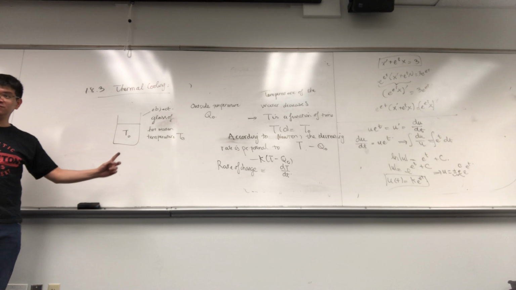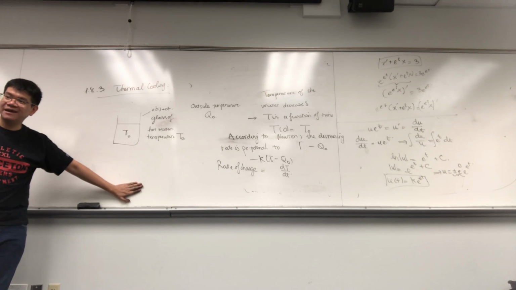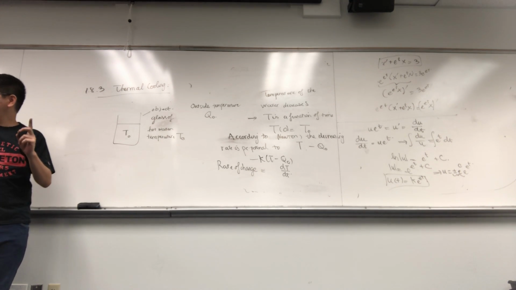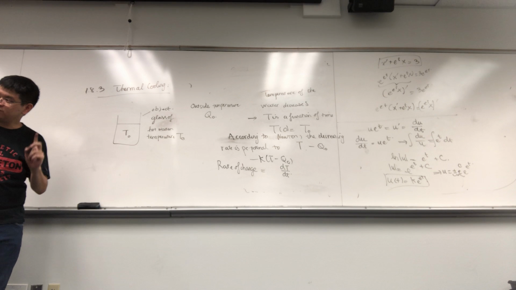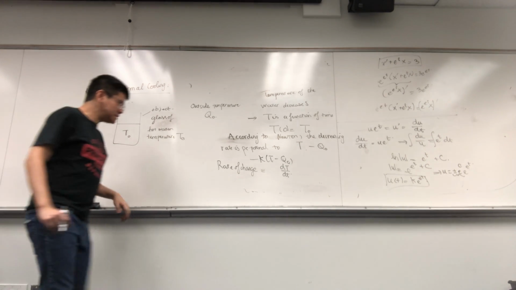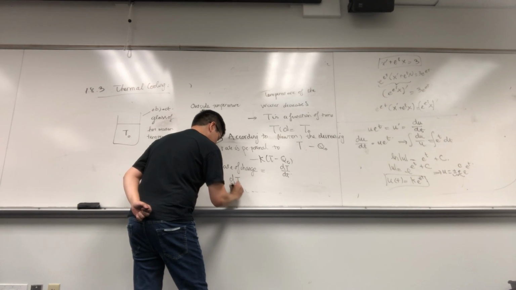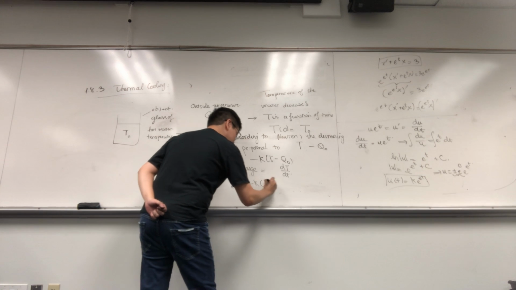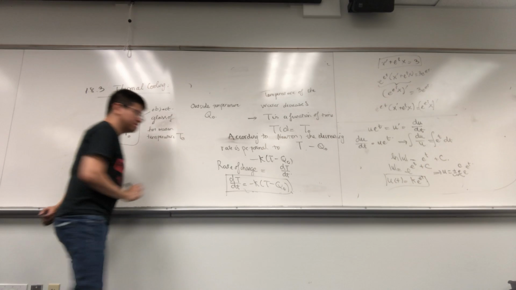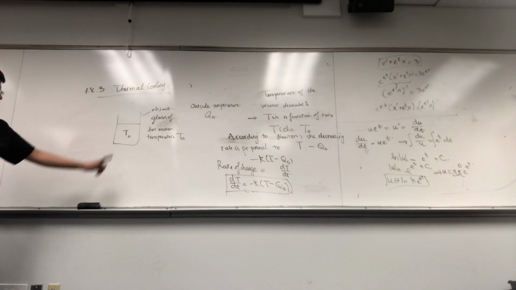According to Newton, the rate of change is proportional to the difference between the temperature of the glass of water and the surrounding environment. But this is also equal to the derivative in time of the temperature. So basically, you can have an equation: dT over dt is minus k (T minus Q0). And this is the equation for the temperature of this glass of water.